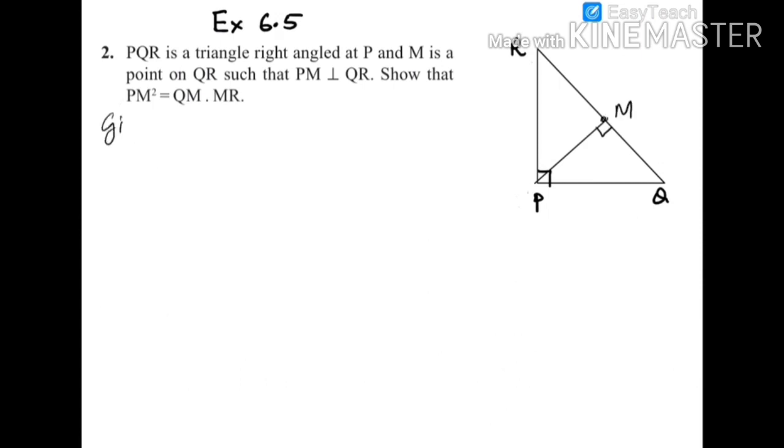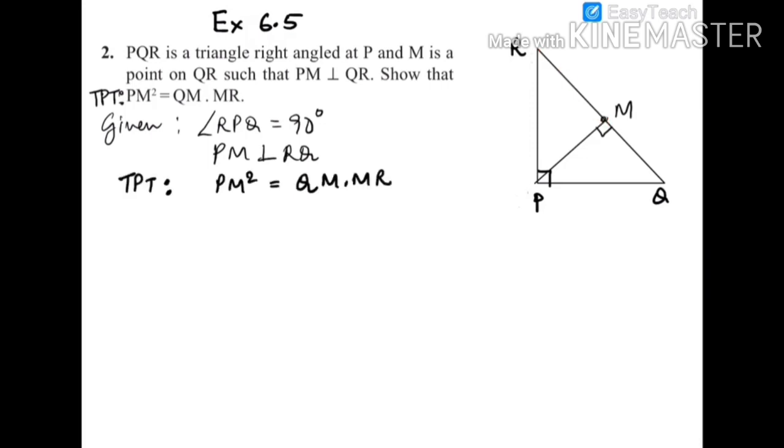So what are we given? Angle RPQ is 90 degrees in triangle PQR. And we are given PM is perpendicular to RQ. We have to prove that PM square is equal to QM into MR.